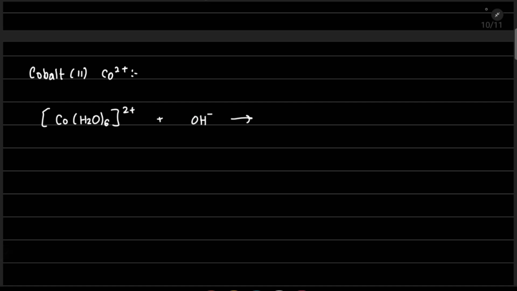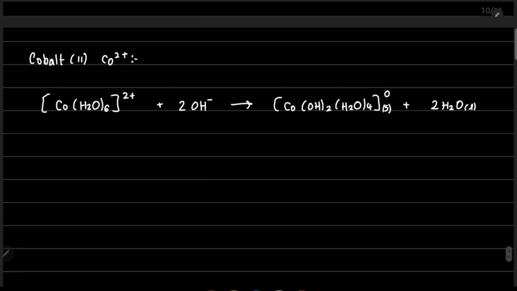This will give us Co(OH)2(H2O)4, a solid, and we have 2 moles of water and 2 OH minus here. The color of this is blue, so we get a blue precipitate.